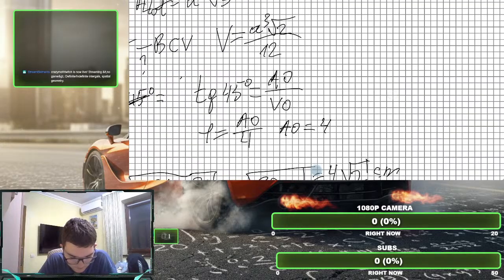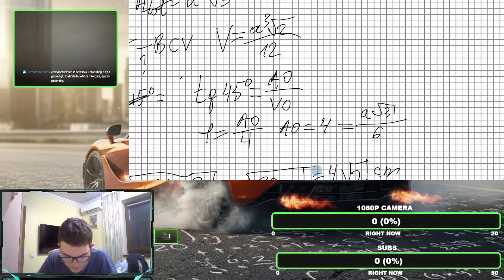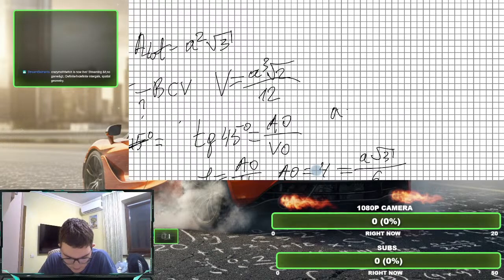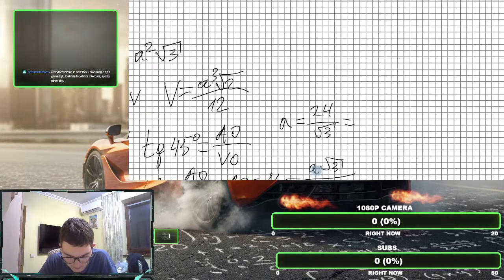Anyway, we equal this, and if it's equal like this, a will be equal with 24 divided by square root of 3. So 24 square root of 3 divided by 3, that's like this.